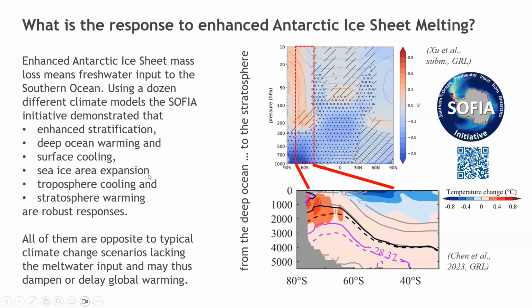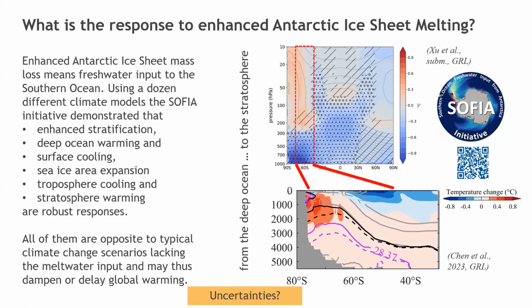Sea ice area expansion is what we saw in the 2008 paper already, a tropospheric cooling associated with that, a few more complicated steps to get there, and even more complicated steps to get to stratospheric warming. And many of these effects are not the typical global warming response that we would expect, but maybe counteracting that.